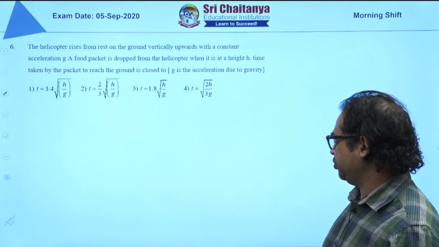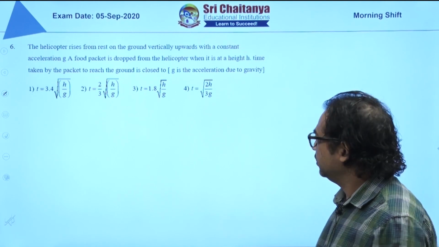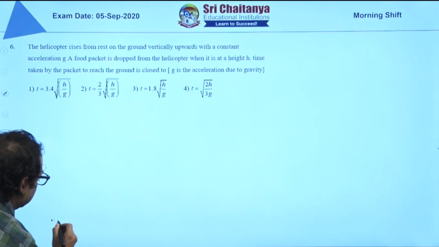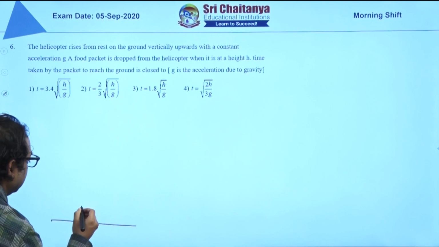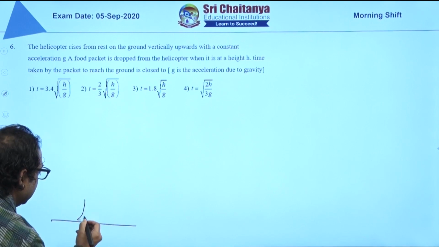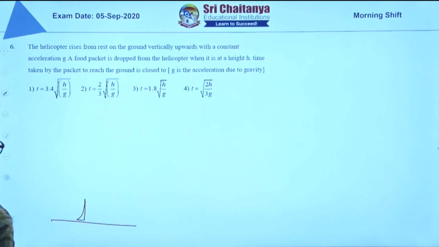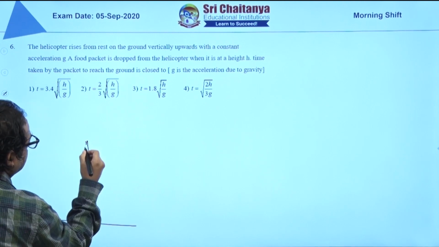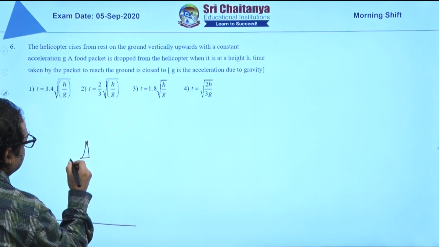So, this is a projectile motion question, vertical projectile. So, this is ground, let us say this is your helicopter. It started here and it has reached here. This height is h.